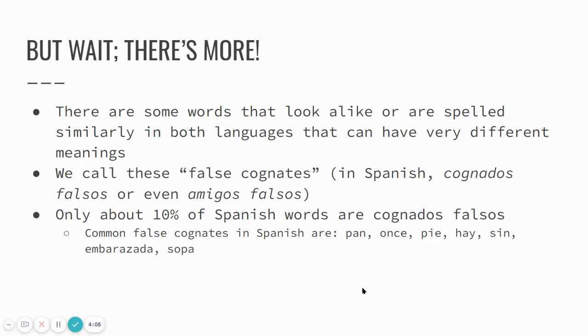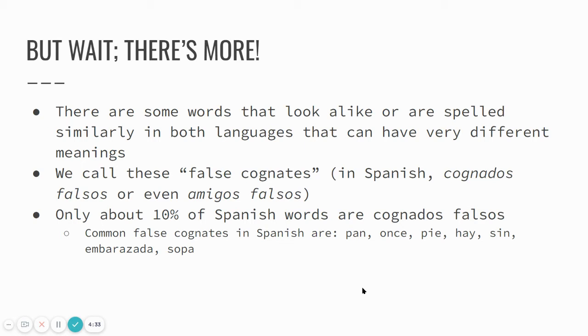So some examples would be pan. Pan is not a pan that you cook something in. It means bread. We have once, which is not once. It means 11. We have pie, which does not mean pie. It means foot. We have hay, which does not mean hay, like what horses graze on in a pasture.